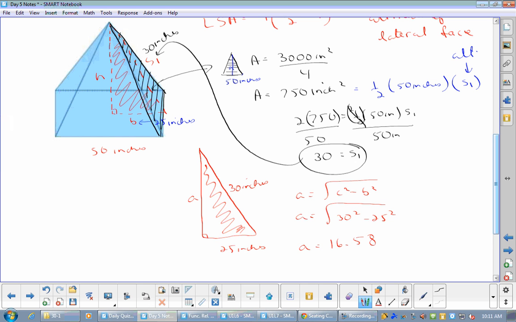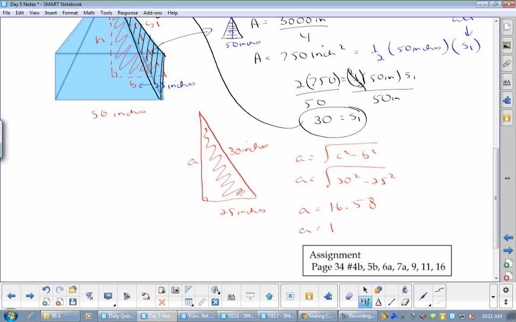Is that what you got? Which is A would equal 16.6 inches. So the height of the pyramid is 16.6 inches.